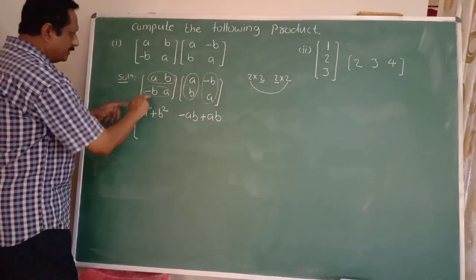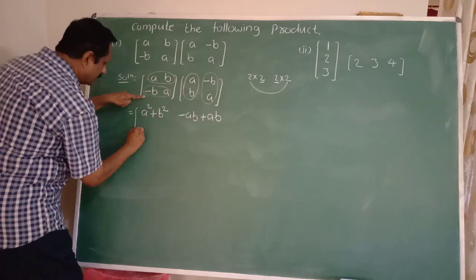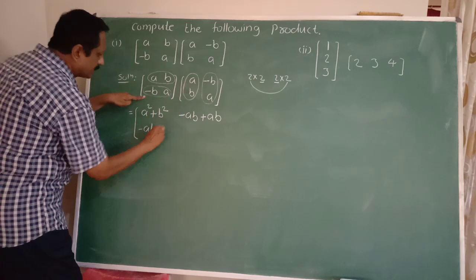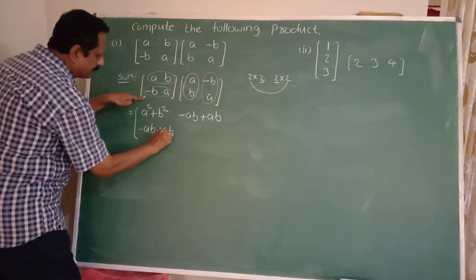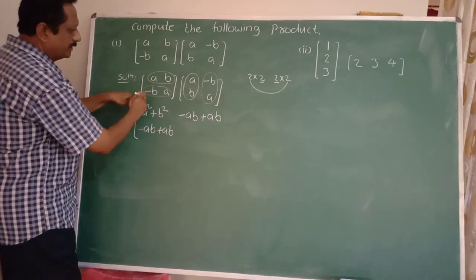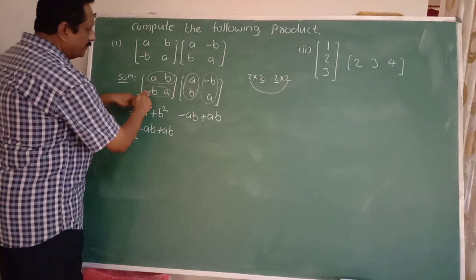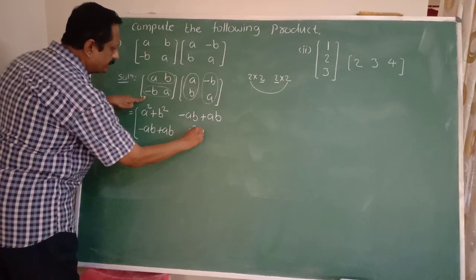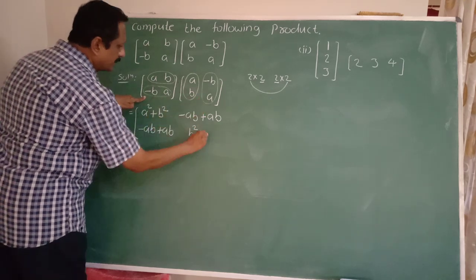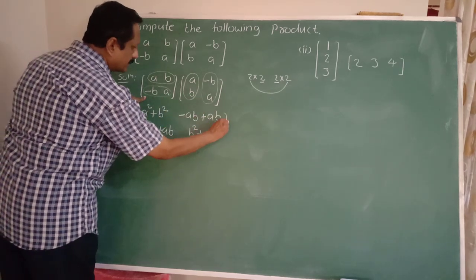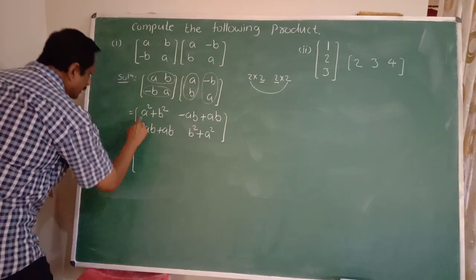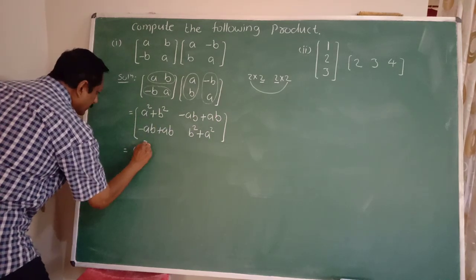Minus B into A becomes minus AB, then A into B becomes plus AB. Similarly, multiply the second row with the second column. Minus B into minus B becomes plus B square. Then A into A becomes plus A square. So this is equal to A square plus B square.